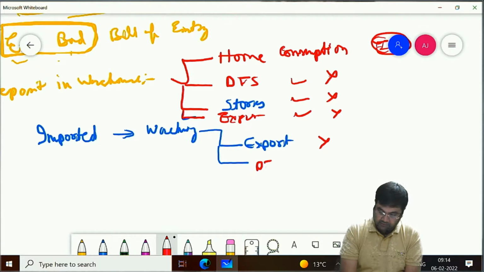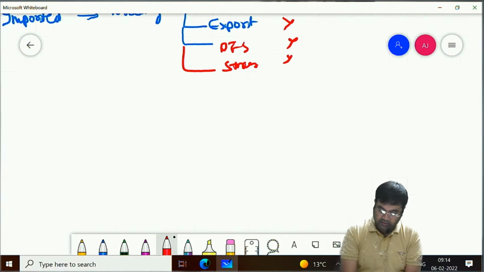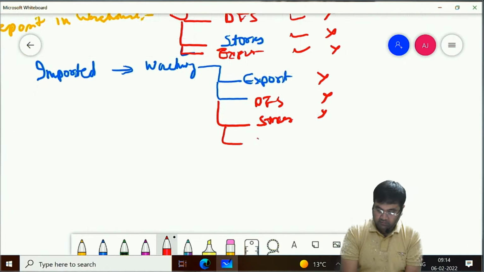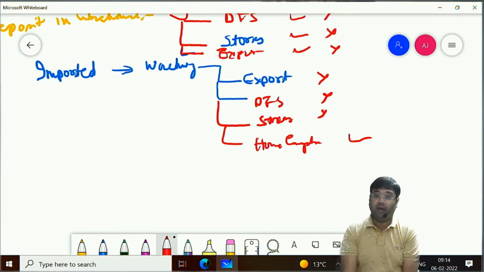Supplied to DFS, no duties. Stores on a foreign going vessel, no duties. Only in case of home consumption, duty is applicable. Why does the government give this facility? So that there is no formality of the refund.